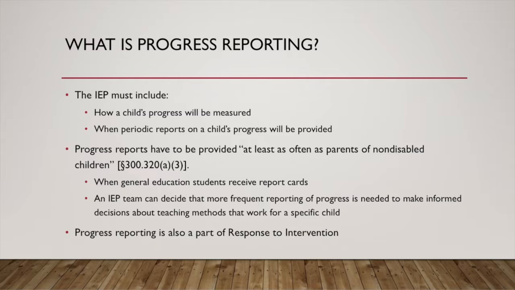But the IEP team can decide that more frequent reporting is needed in order to make informed decisions about teaching methods for that child. So the minimum is that they have to do a report when report cards would go out for general ed students, but they can definitely do those reports more. And then progress reporting is also a part of response to intervention.